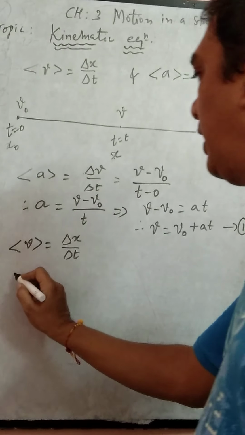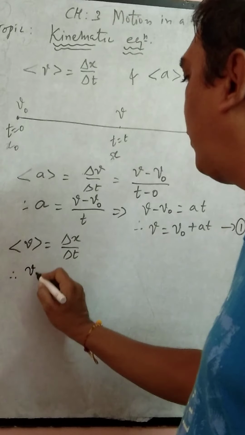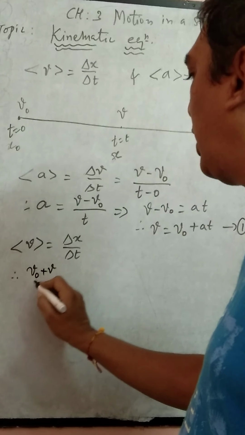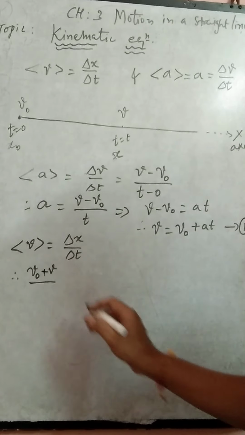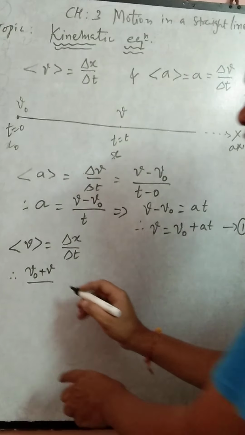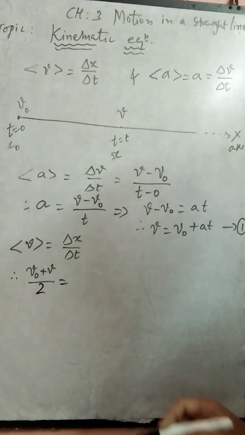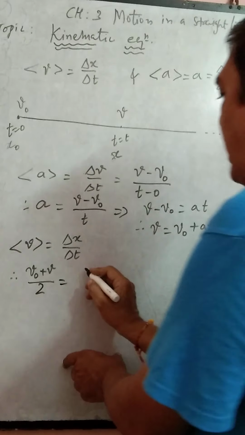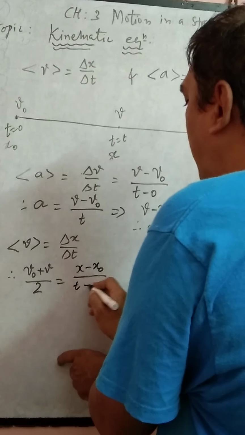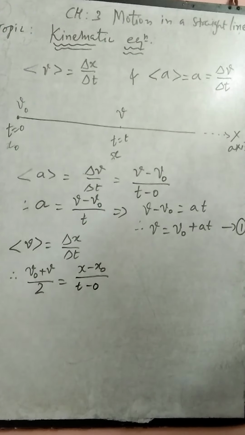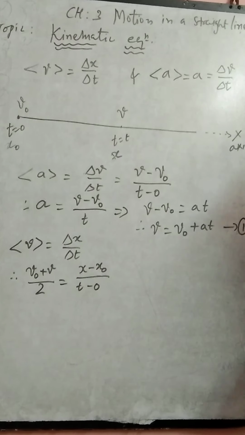So we can write average v as v naught plus v divided by 2, equal to x minus x naught upon t minus 0.